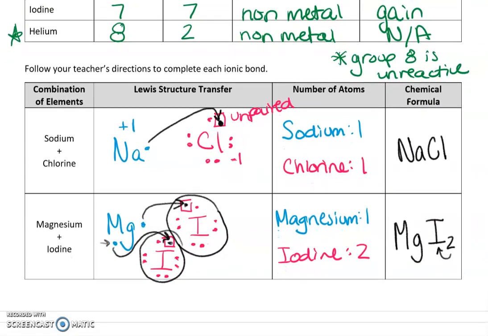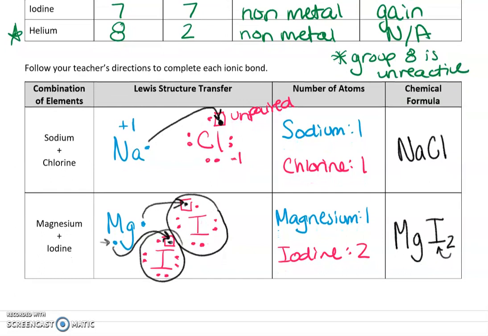Before we do that, we'll just recap our charges on magnesium and iodine. Iodine is similar to chlorine. Each iodine atom has gained one electron, so they are negative, and they have each gained one. So they have one extra negative charge, making them negative 1. Magnesium has a slightly different charge.